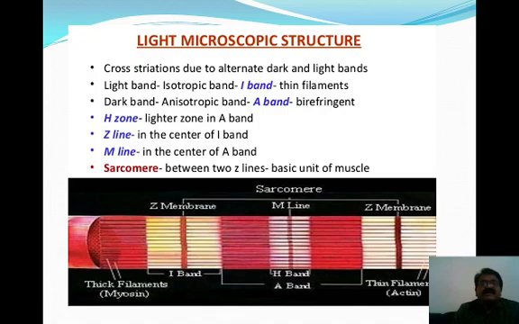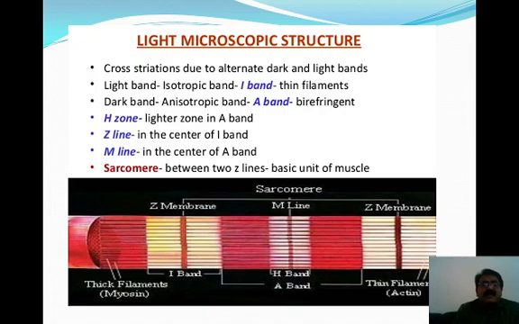The dark bands are the anisotropic bands, known as A bands. H zones are the lighter zones present in the A bands. The Z line is observed in the center of the I band. In the A band there is also the M line.